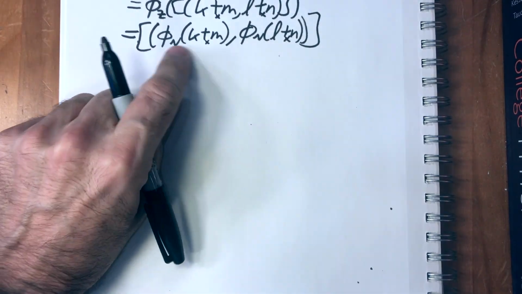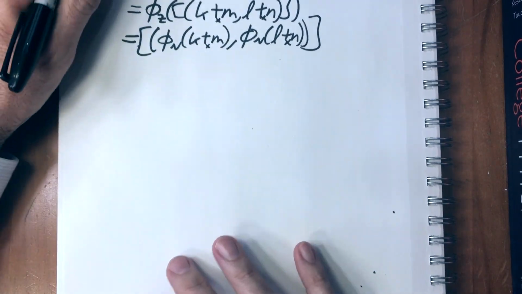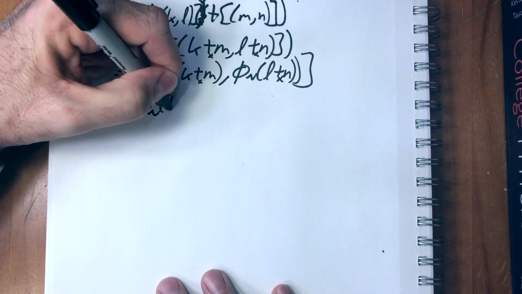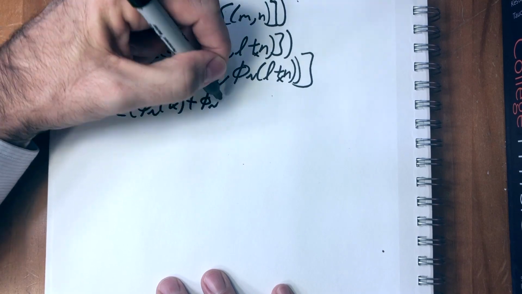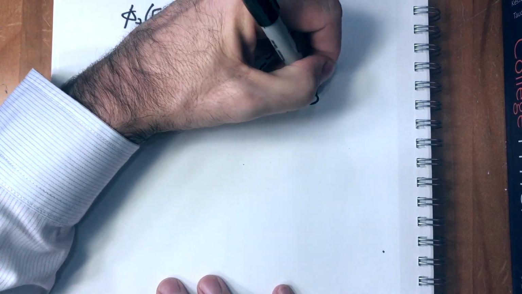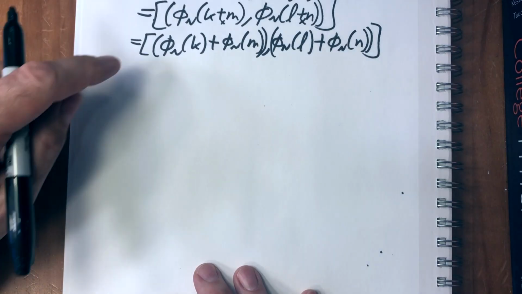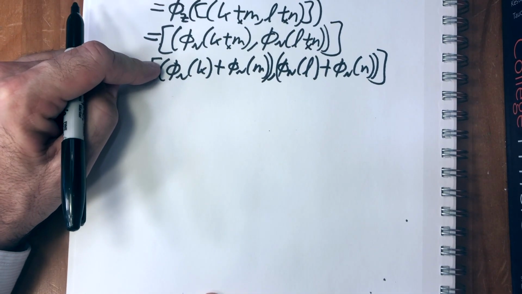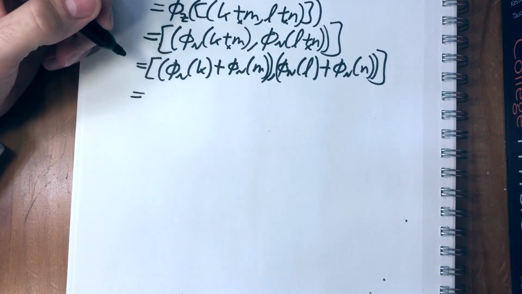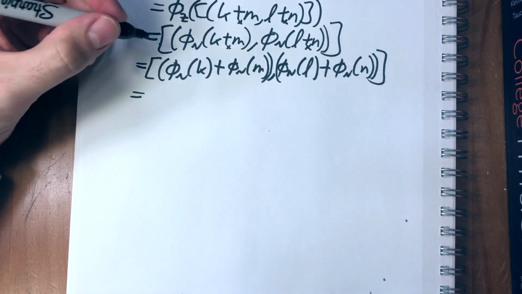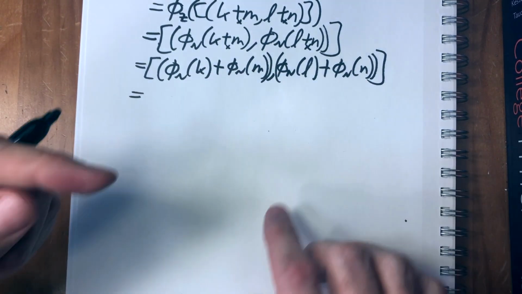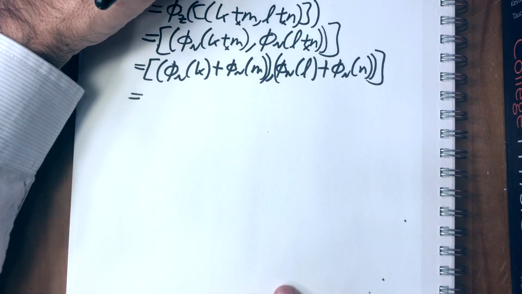Now we know that phi sub n preserves addition. So now we can expand this. So it equals (phi n of k plus phi n of m, phi n of l plus phi n of n). So that's just the additive property of phi n. Now we're going to use the definition of integer addition again in the opposite direction. So if we have k plus m and l plus n, that equals (k, l) plus (m, n).